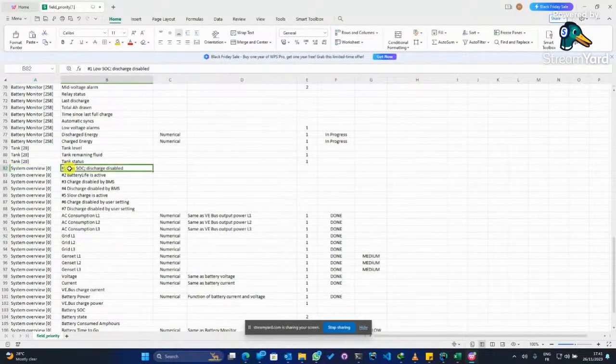The most important thing in the system overview currently is the grid and the genset, because the grid and the genset are the actual equipment. Meanwhile, the other features of the system overview will depend on the element which is on.